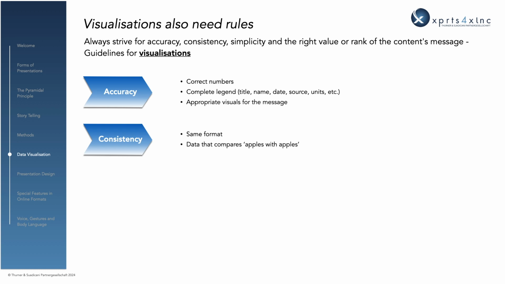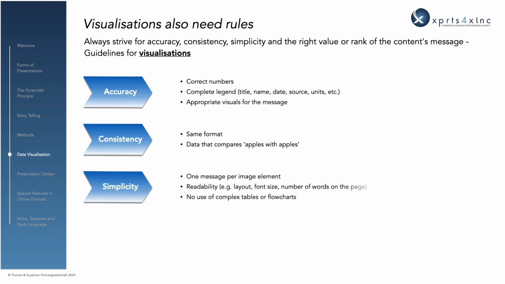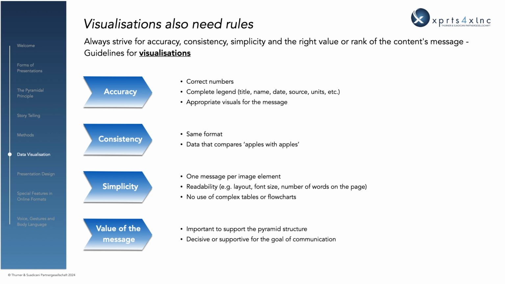Data that compares apples with apples. Simplicity. One message per image element. Readability in terms of layout, font size, number of words on the page. No use of complex tables or flowcharts. Value of the message. Important to support the pyramid structure. Decisive or supportive for the goal of communication.